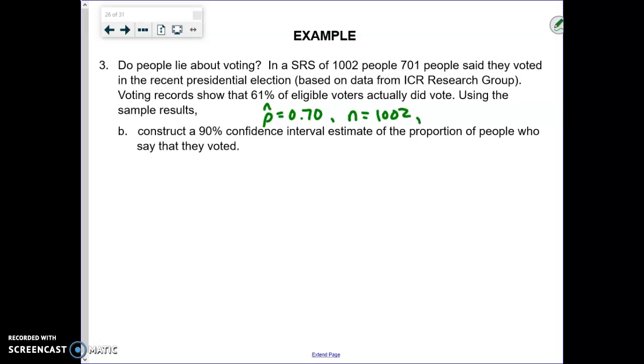Since it is a 90% confidence interval, our critical value should be, I believe, 1.645. Again, you can either get that off the table in a preceding slide, or go to your ArtistStat app to figure that out. So then we can go ahead and calculate this. It's p-hat plus or minus our critical z value times our standard error.